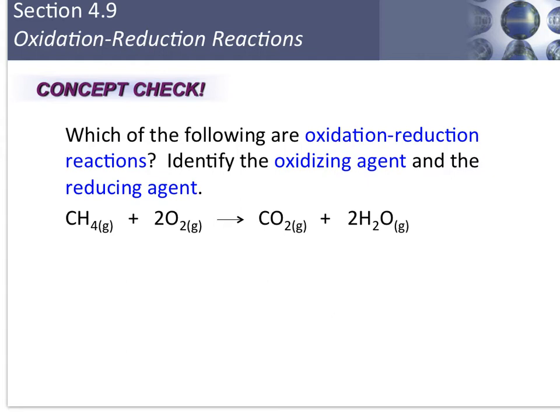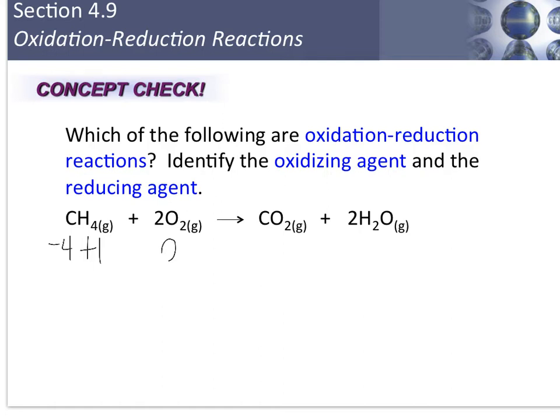Hydrogen is always a +1, and there are 4 of those hydrogens. So carbon must be a -4 to balance that out. The element oxygen is 0.